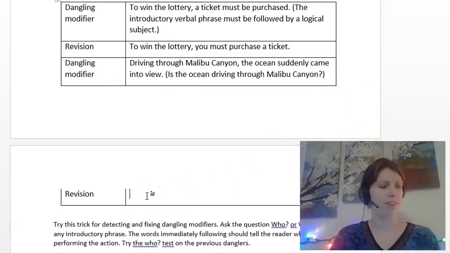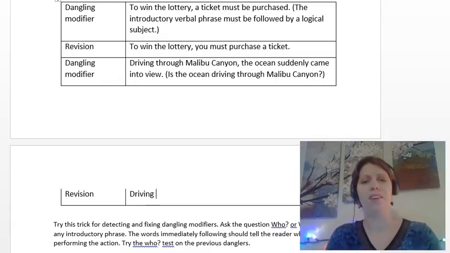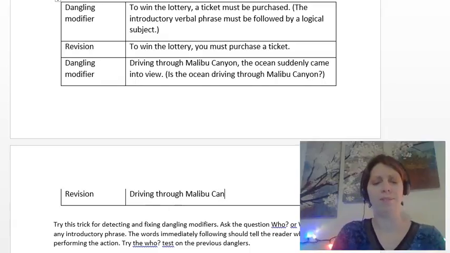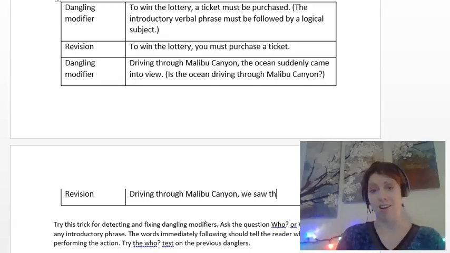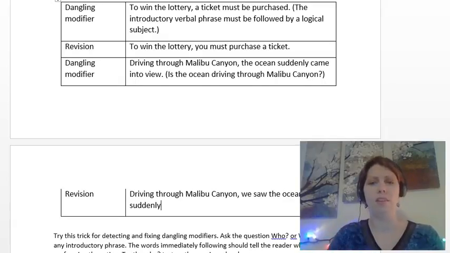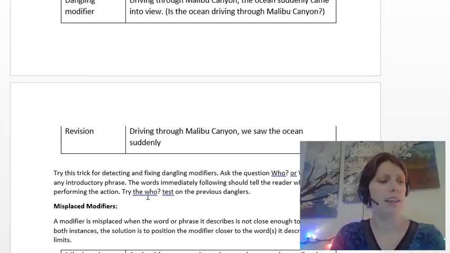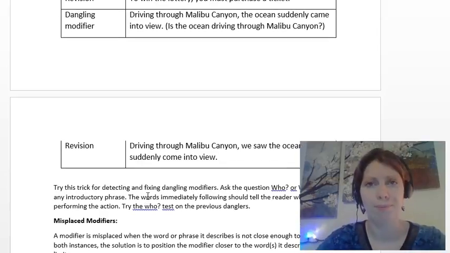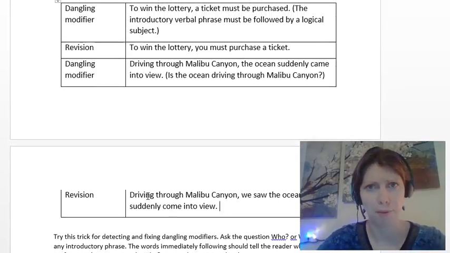No. So, driving through Malibu Canyon, we saw the ocean suddenly come into view. So just be careful. Don't drop your subjects.